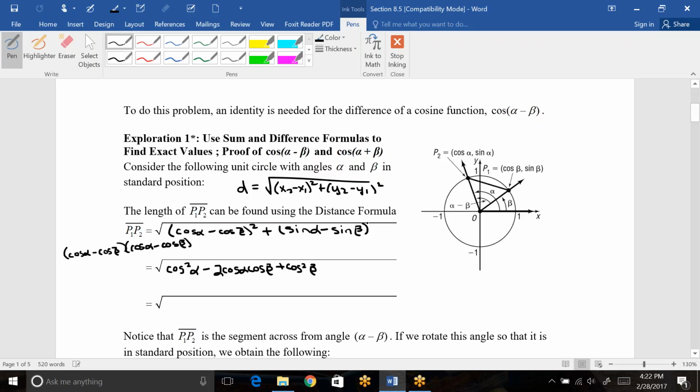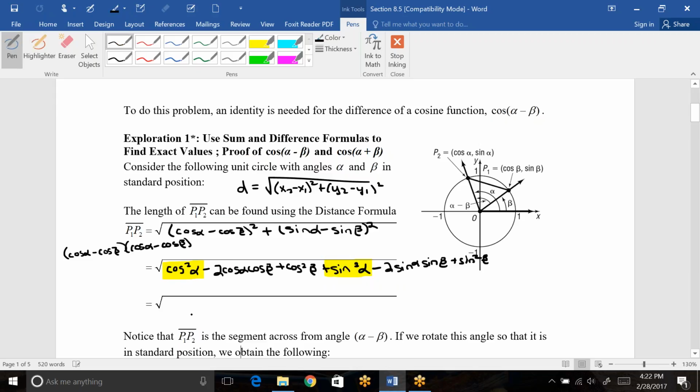And we're going to get a similar result with the sines, so I didn't square that, but let me put that in there. So this would be sine squared alpha minus 2 sine alpha sine beta plus sine squared beta.